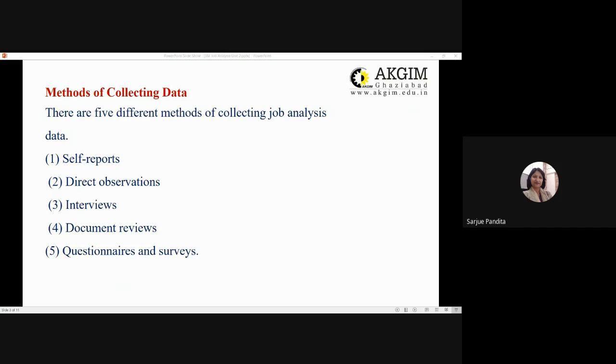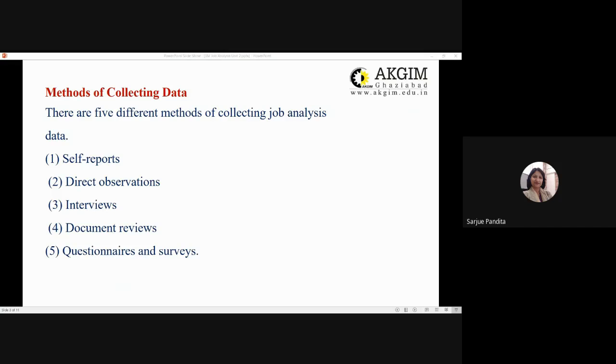For individual interviews, there are several sources of information about the job, all of whom can be interviewed either singly or in small groups. These include current employees of the job. That means you can interview a person who is actually performing that job, who is currently on that job, and others who are often referred to as subject matter experts.